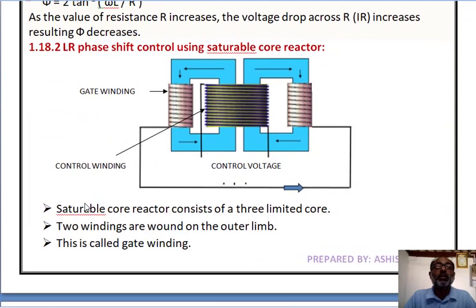Next, the LR phase shift control using a saturable core reactor. Here you can see that the saturable core reactor consists of a three limb laminated core.